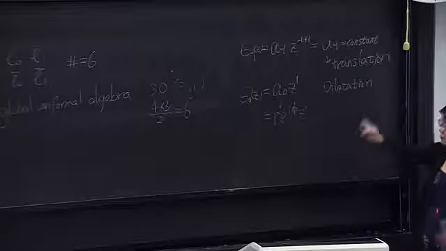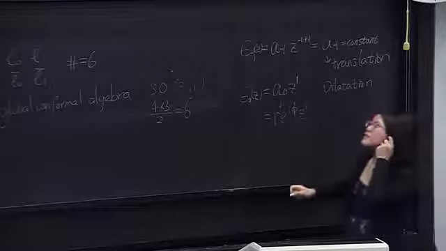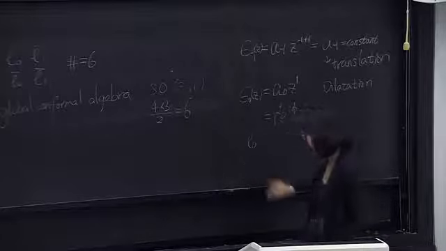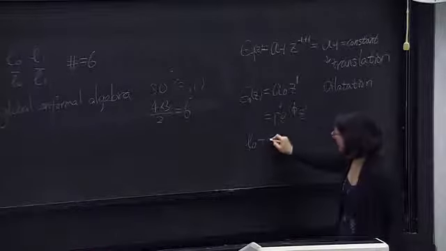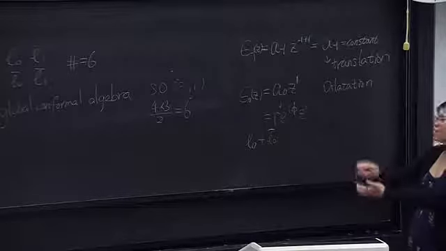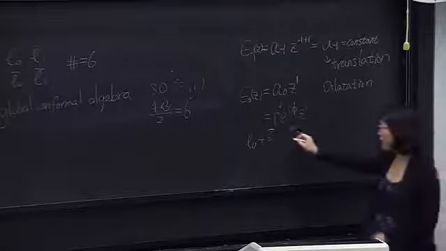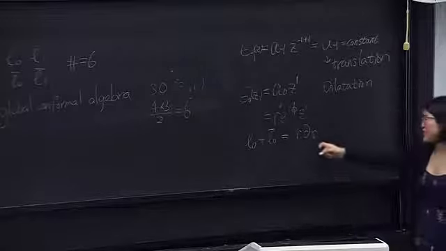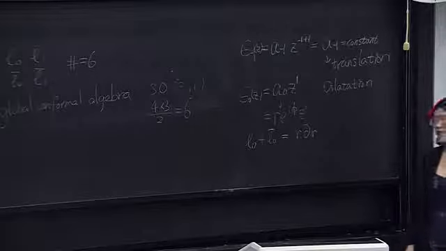If you do some not complicated manipulation at all, a simple exercise shows that if you combine the two, L_0 and L_0 bar, you get something like r ∂_r, which is indeed the dilatation.